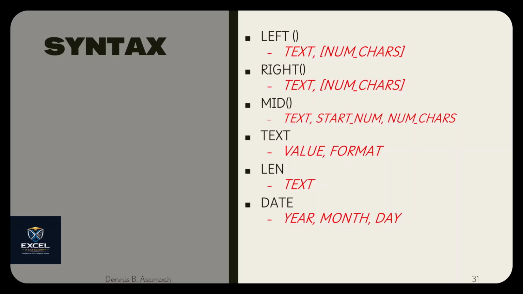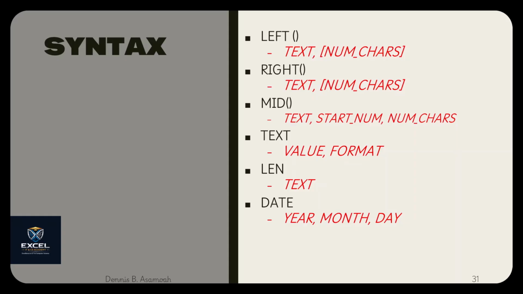The MID function has 3 parameters: text, start number, and number of characters. The MID function can start from anywhere, either from the right of the string or the left of the string or anything in between. The number of characters specifies the number of the characters that you want to extract from the string.